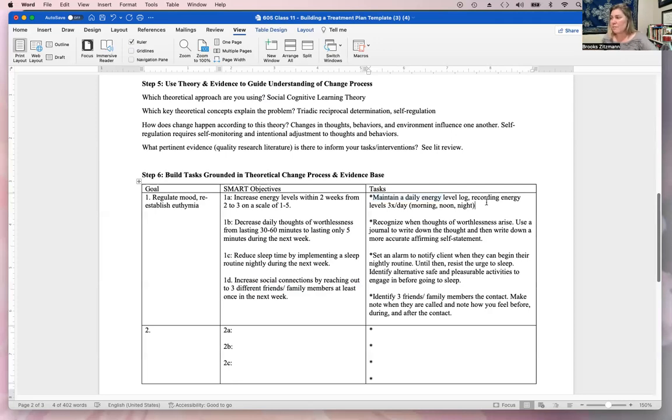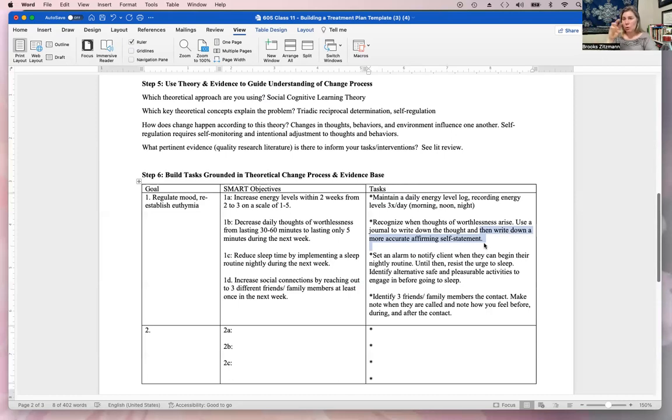Recognizing daily thoughts of worthlessness and wanting to reduce the time we spend there, the task might be that you work with them to recognize when those thoughts of worthlessness arise, and then journal the thought, write out what the thought is that's occurring right now, and also write out a more realistic, accurate, self-affirming self-statement.